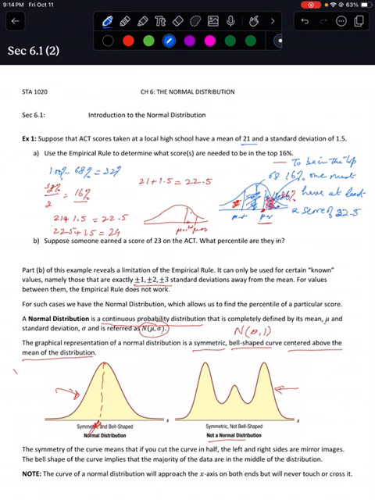So this person who had a score of 23 is in that top 16%.